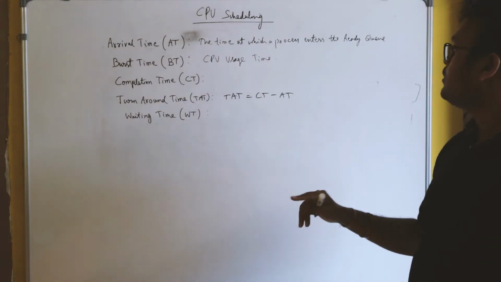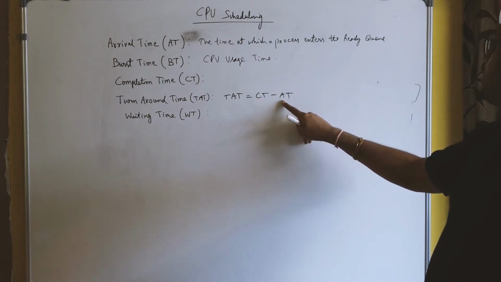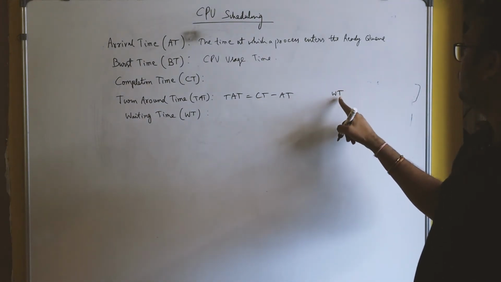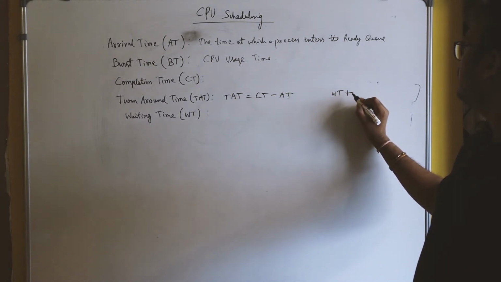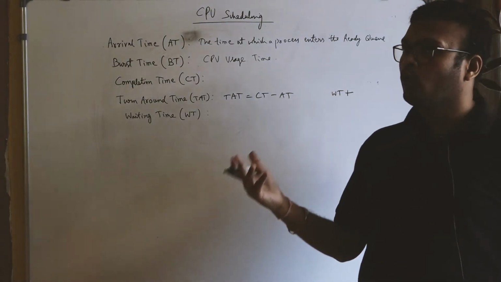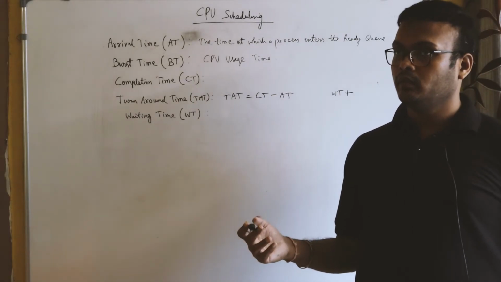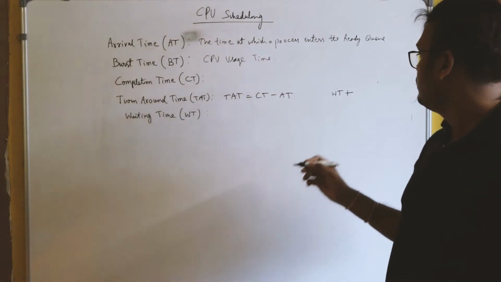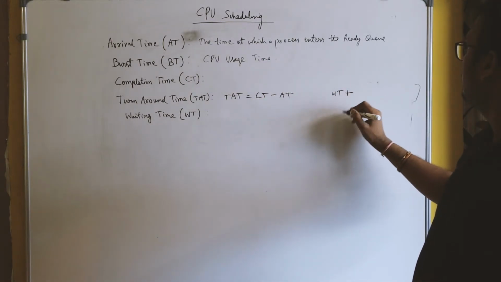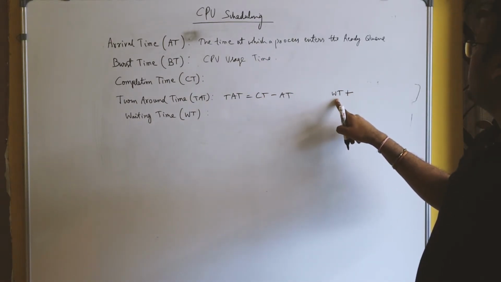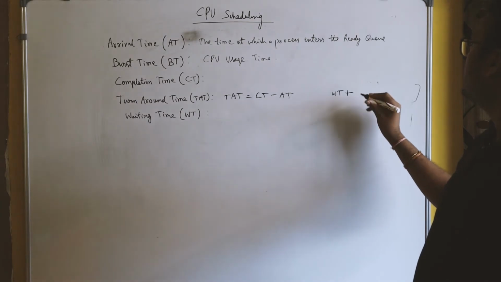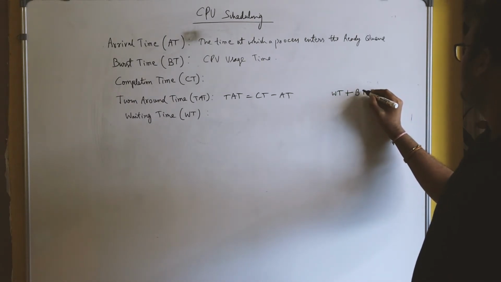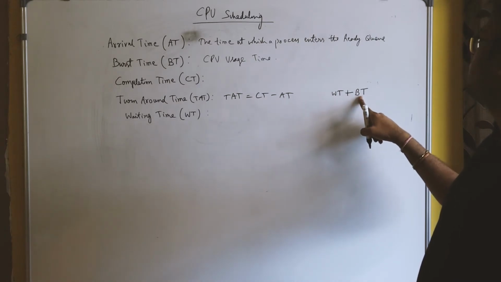So what did it actually do in this time? It either waited for its turn, that is waiting time, or when it got the CPU, it simply processed. That is burst time.